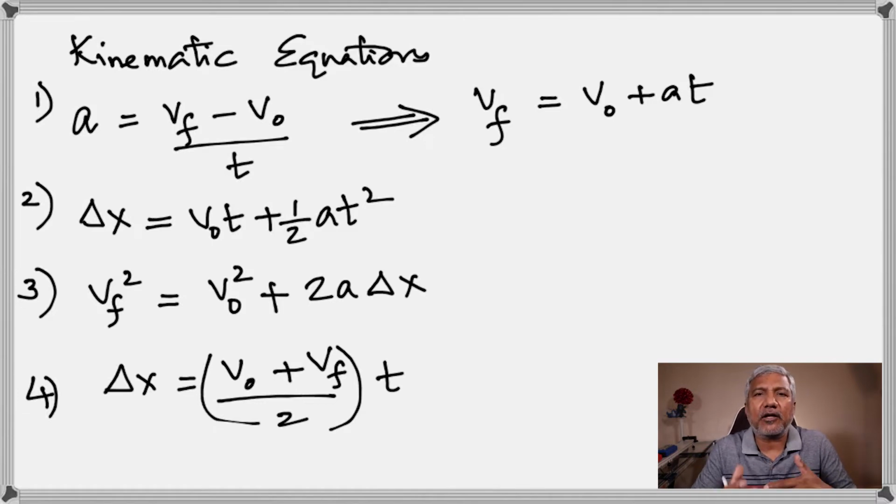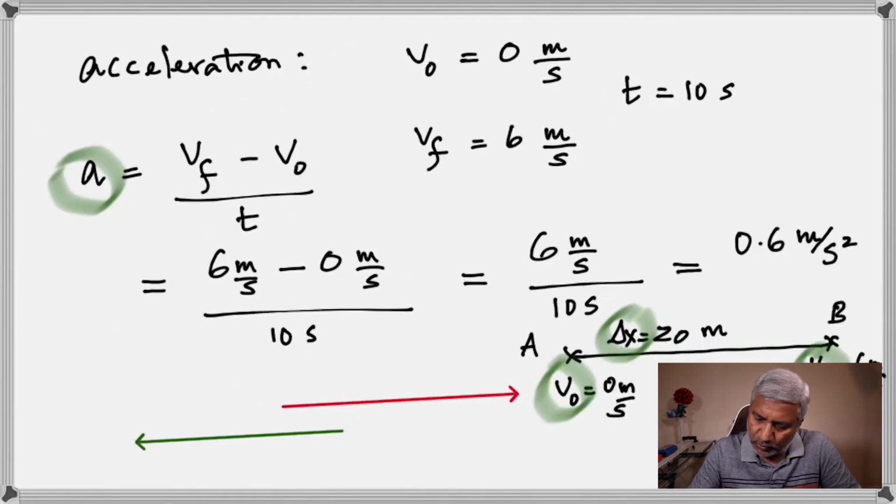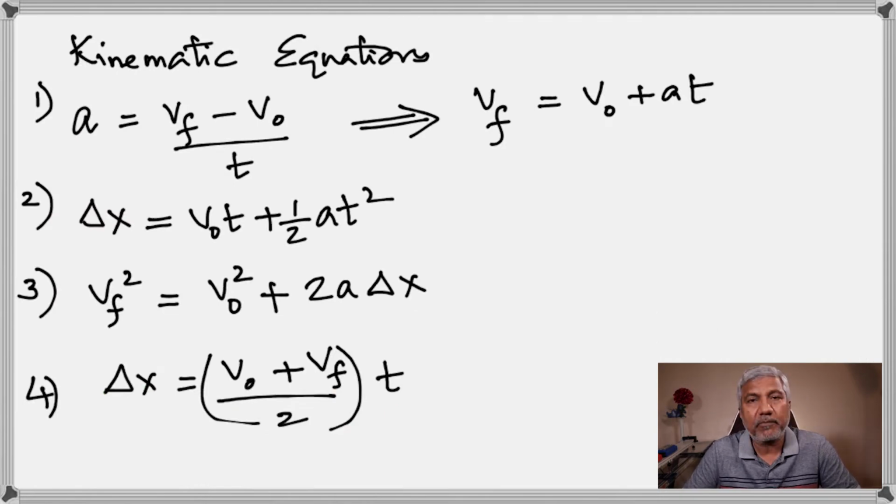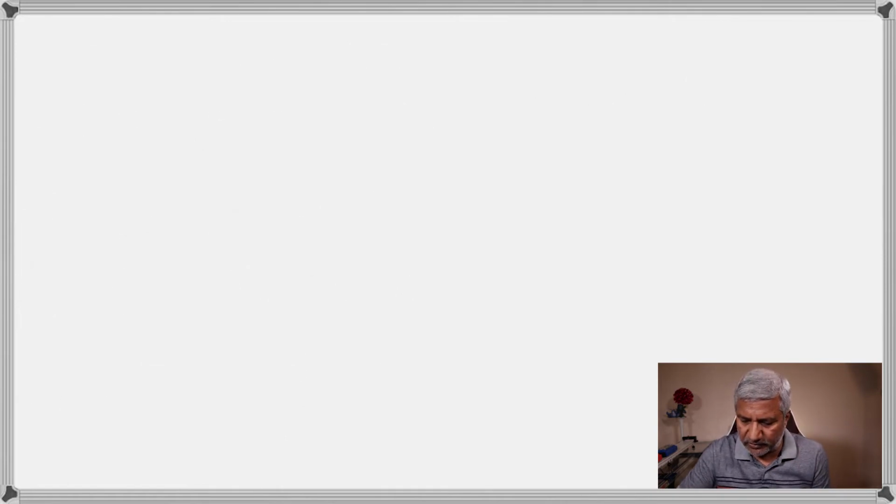So let's go back over the previous example that I did, where I finally threw in a displacement of 20 meters. But let's actually calculate the displacement in that case. What do we know? Whenever you're given a problem, you first have to read the problem, and then write down what's given.